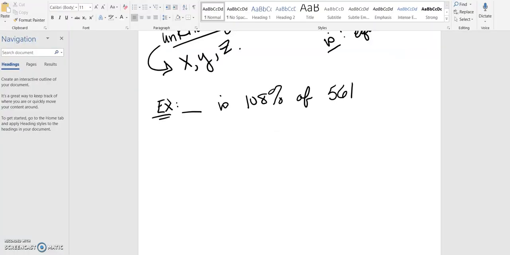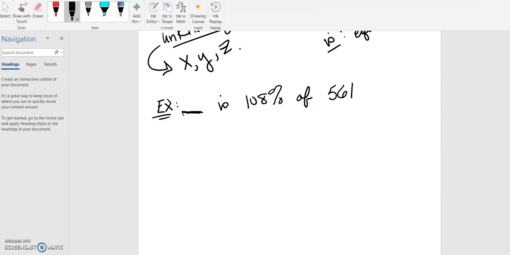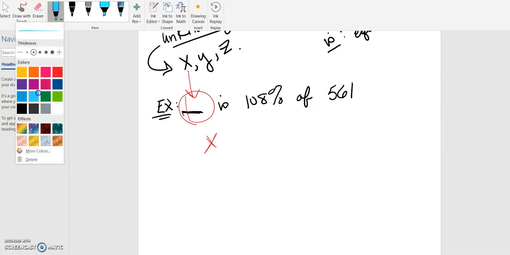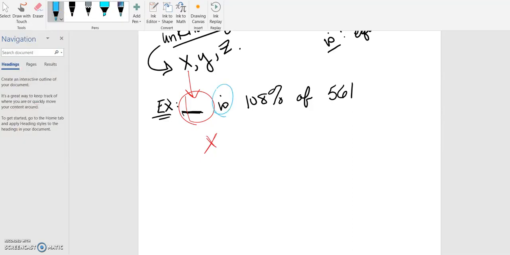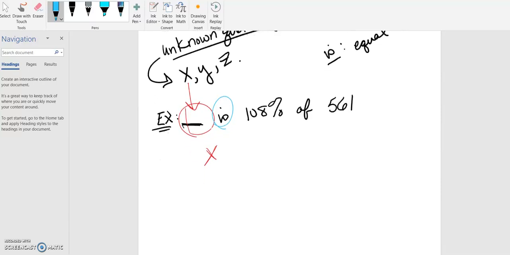The first thing is, I've got this unknown quantity here, so I need to know what is going to take its place. Well, if I don't know something, what do I use? I use some sort of a variable. So let's call that X. Next is the word is. Blank is 108%. Well, we determined that is means equal.